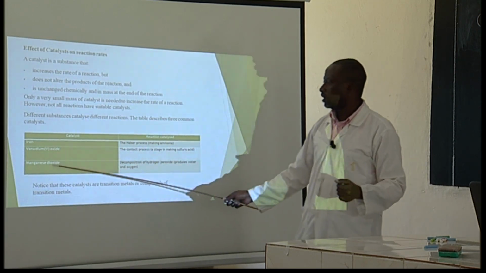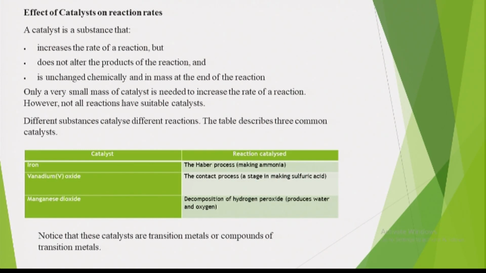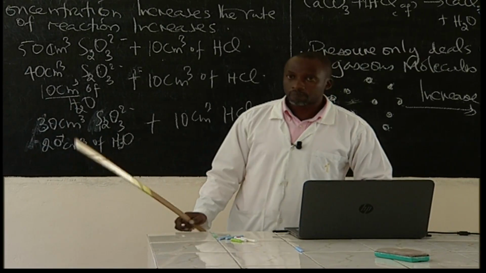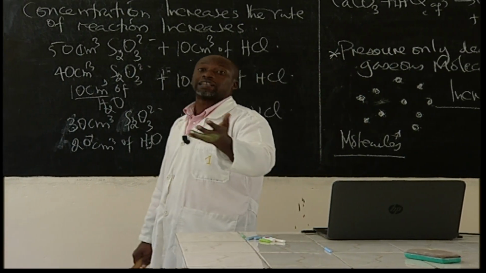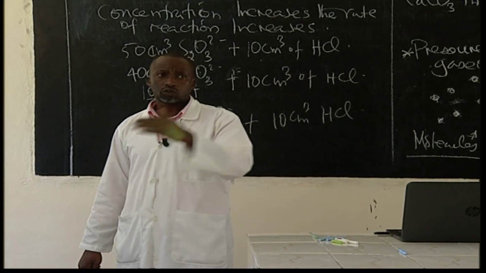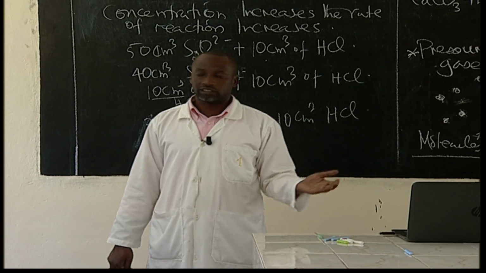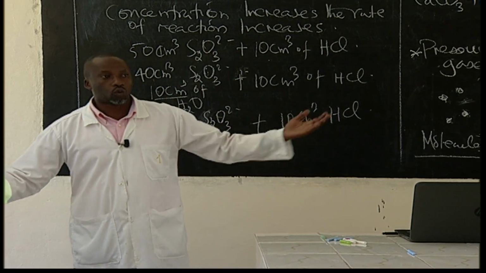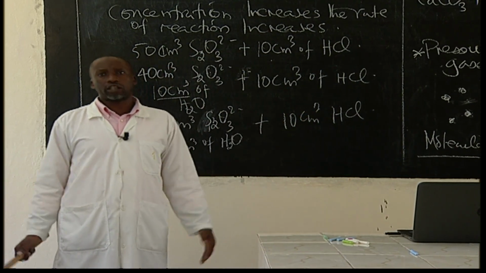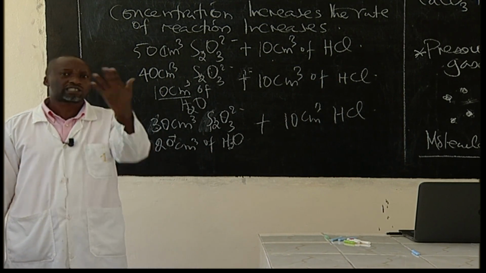We have seen that one. If you remember the decomposition of hydrogen peroxide in the preparation of oxygen gas, those are some of the reactions that are catalyzed, with their catalysts. How do the catalysts work? That is what we are just going to see. How do these catalysts work? That is the question.